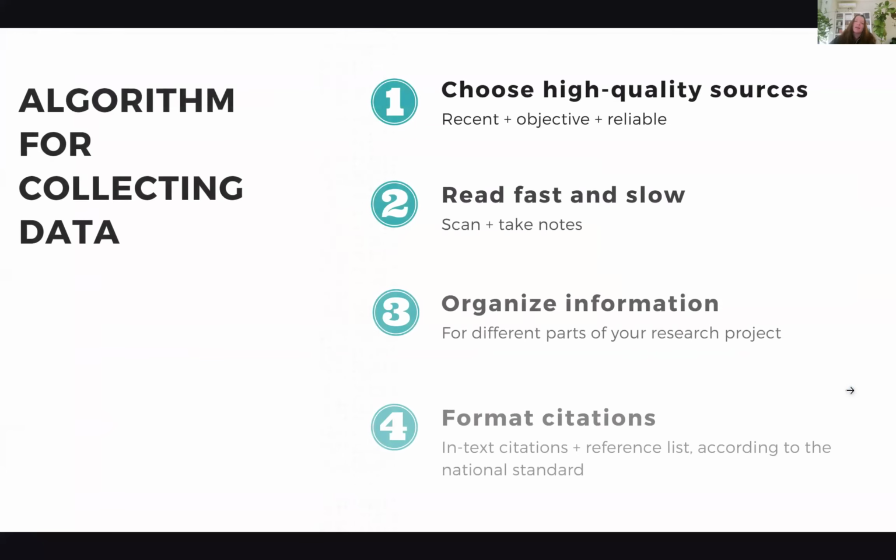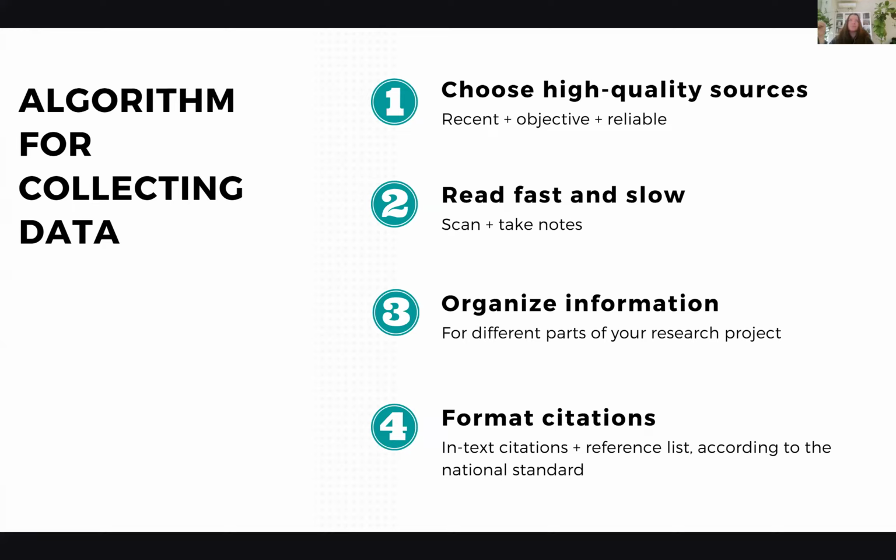Moving on. So, how does the literature review work? Here's an algorithm. It's pretty basic, but hopefully you'll get the general idea. First, you choose high quality sources, recent ones, objective ones, and reliable ones. We've gone over that. Next, you should study the sources you find.